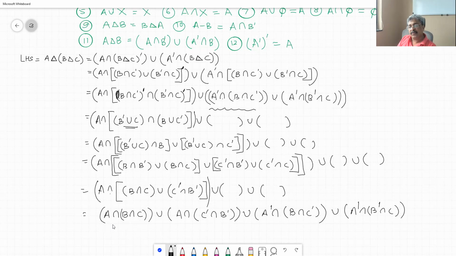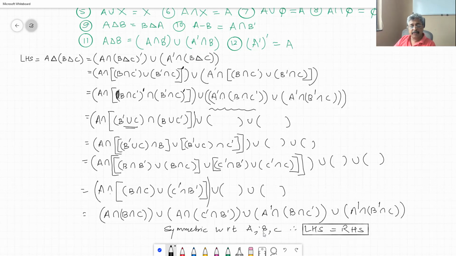All three without complements. Union original A with BC complement. Original B with AC complements. Original C with AC. So this is symmetric with respect to A, B, C. Therefore, LHS equals RHS.